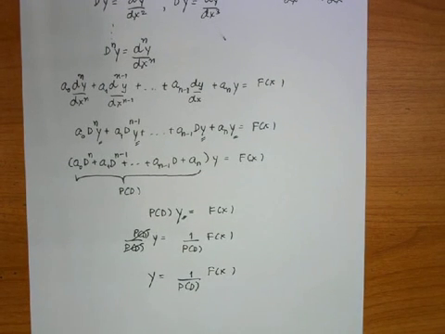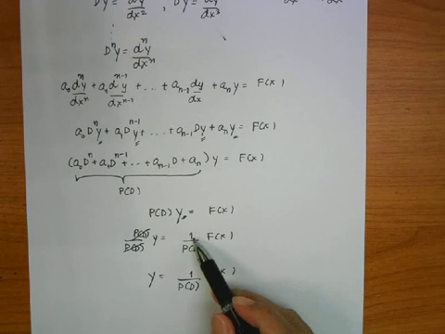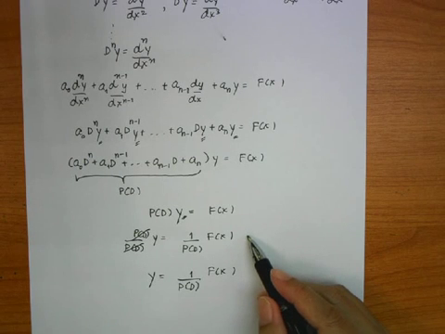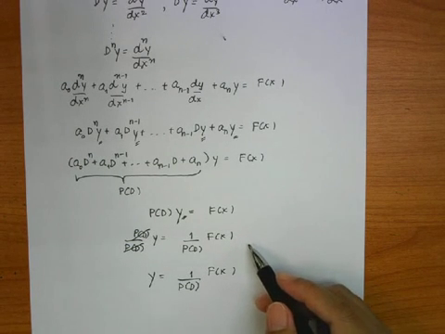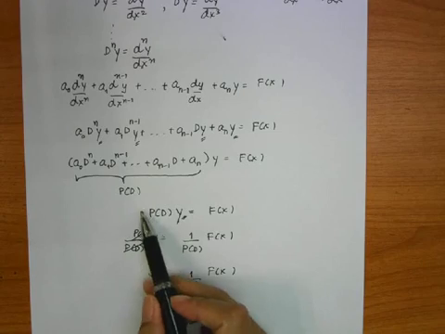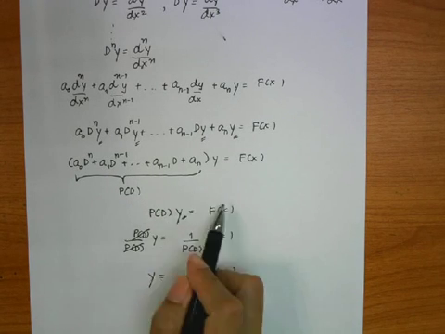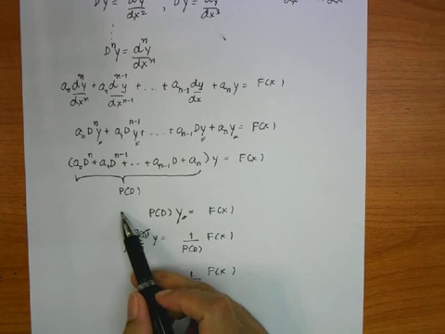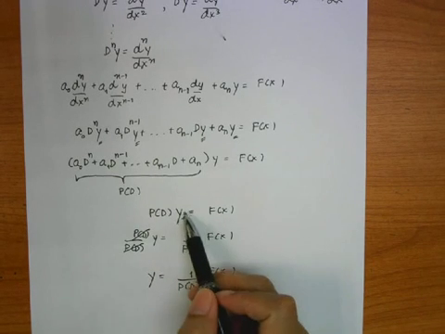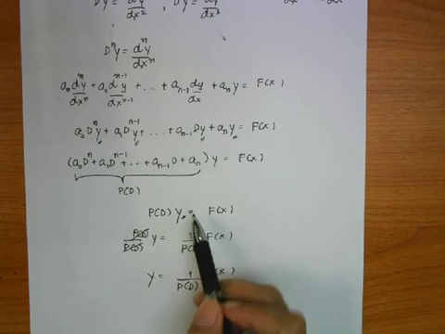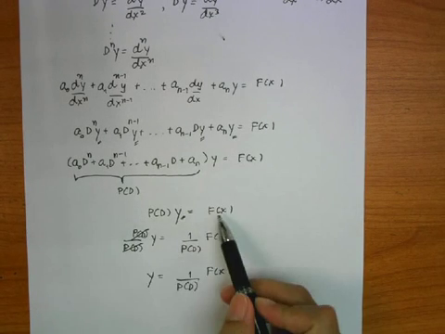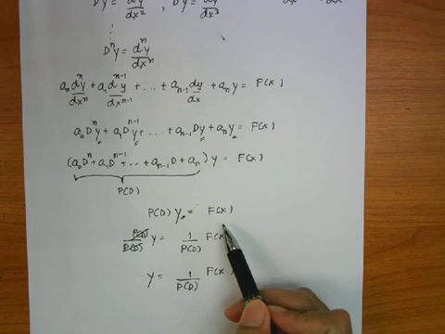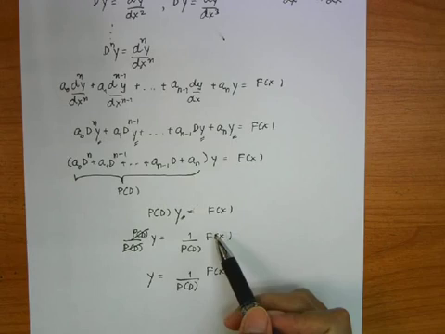Now, why do I put 1 over P(D) in front of f(x)? Can I put 1 over P(D) behind f(x)? I can't, because when you multiply this equation by 1 over P(D), we put it in front, on the left of y. So you have to multiply at the front of f(x) too, in order to keep the meaning of the equation the same.